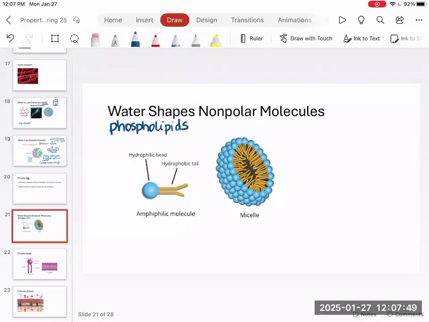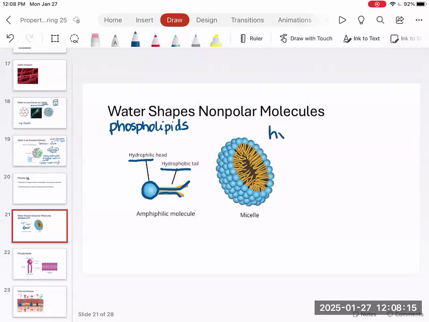They have a region of the molecule that we draw in this cartoon version as the head, which is what we call hydrophilic, and I'll define that in a second. And then these two tails that we call hydrophobic. So let me take a second to define those two terms.